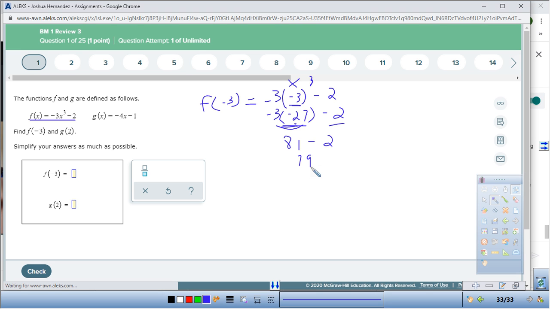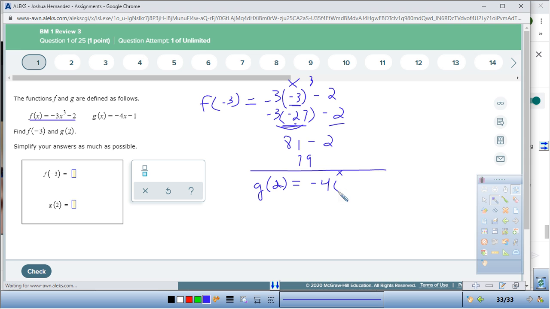Now let me do the other one. When it comes to g of x, g of x is going to be g, no longer x. So we're going to put the other 2. Okay, and here's the 2. The whole function would read -4. X is no longer there.